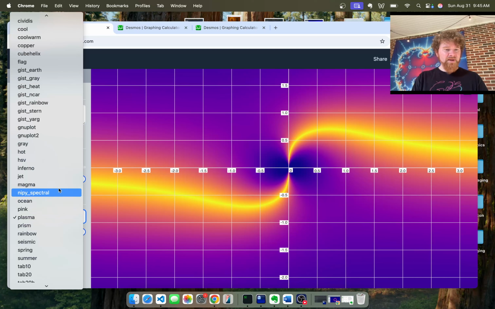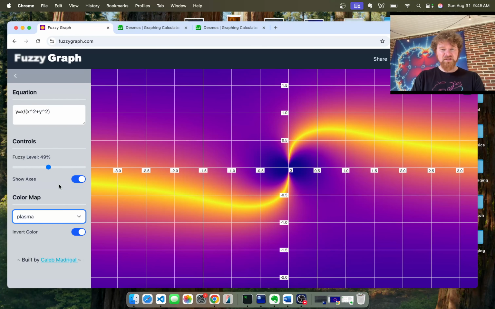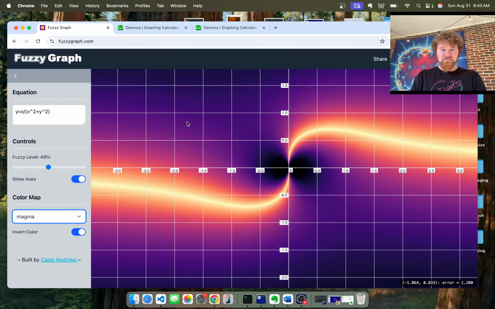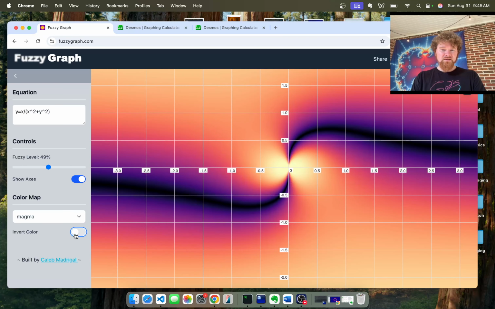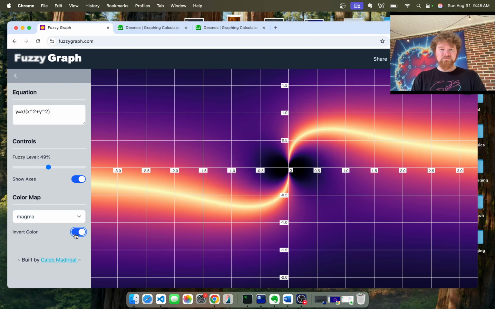There's all these color maps you can choose from and stuff like that. By the way, you can do little things like invert the color. One other feature, you can save a graph.